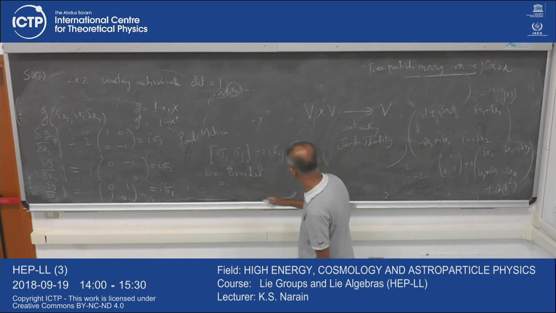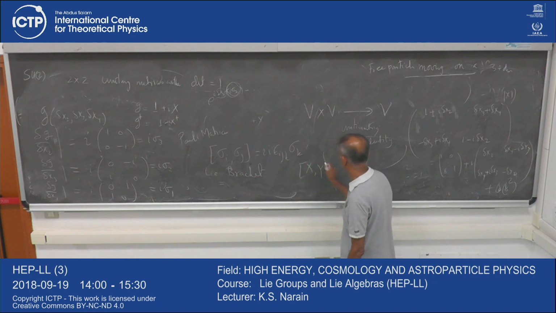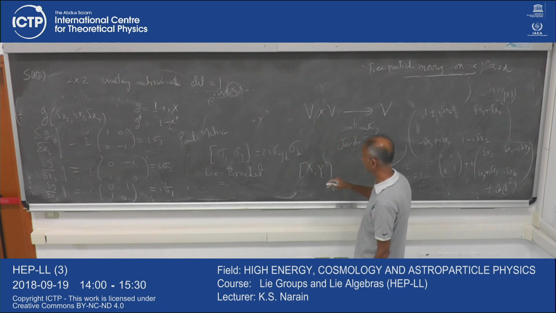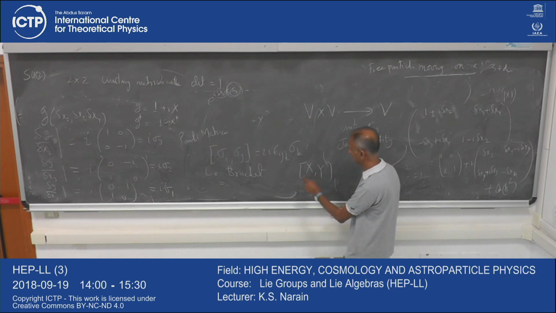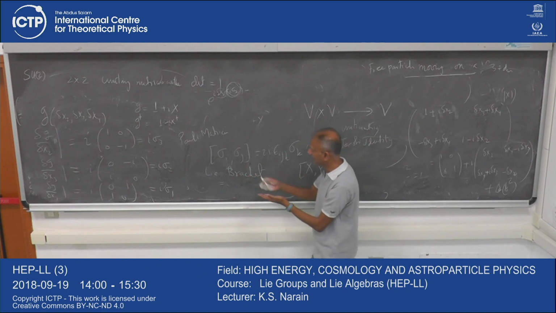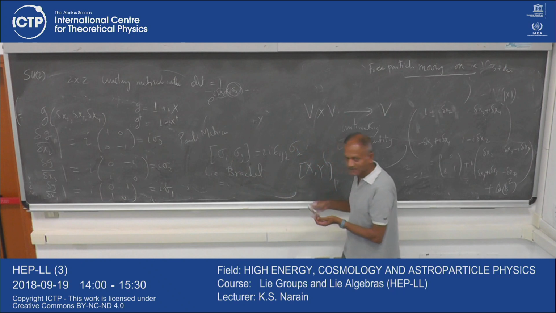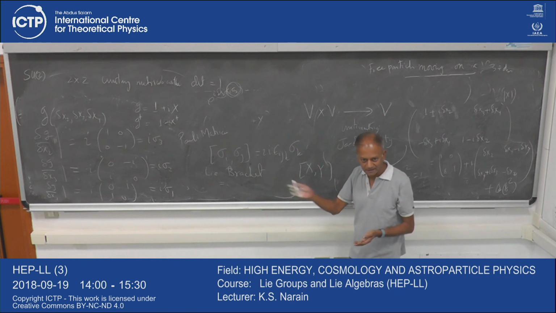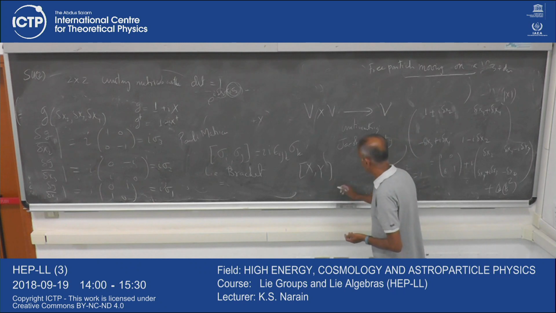So what is the Jacobi identity? If I take some x and y of the vector space, concretely, what is x? I can expand it in terms of this basis. So x will be some x_i times sigma_i, and similarly y would be some y_i times sigma_i.